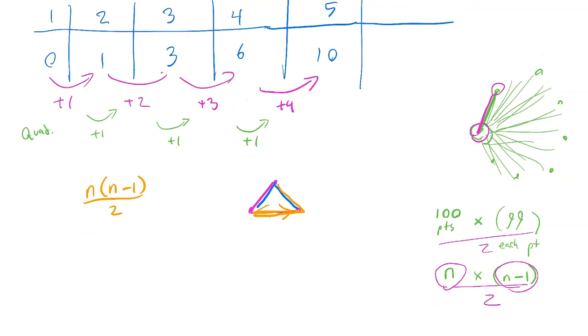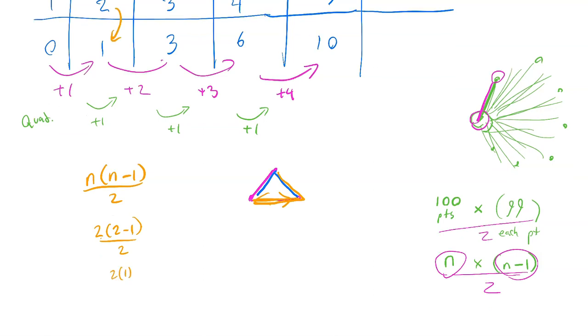Let's try it. Okay, so 2 times 2 minus 1 over 2, we should get 1. So let's see, we get 2 times 1 over 2. Yup, that worked out. Let's try it with 4. So 4 times 4 minus 1, divided by 2. So that's 4 times 3 divided by 2. That's 12 divided by 2.